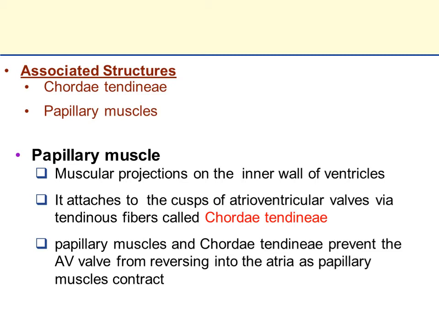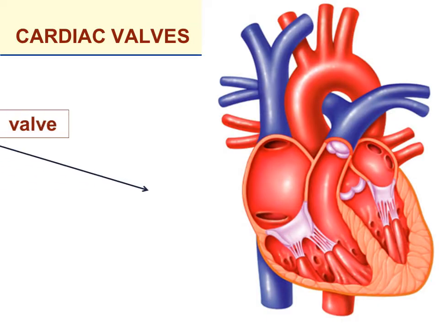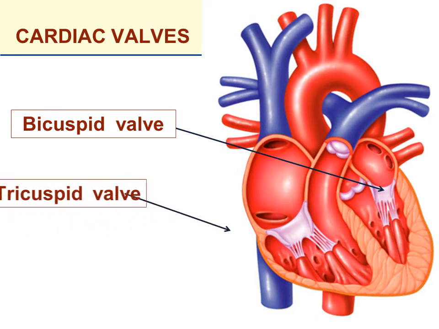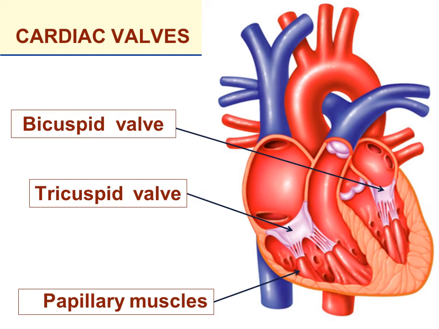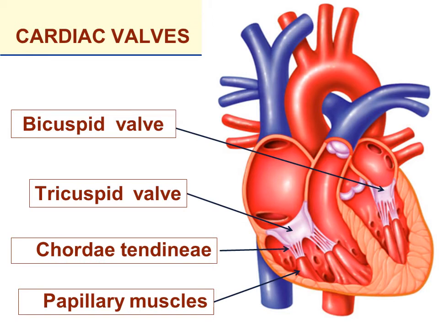as papillary muscle contract. خلينا نشوفها بالصورة. This is the bicuspid valve and this is the tricuspid valve. These muscular projections are called papillary muscles and these tendinous fibers are called chorda tendineae.